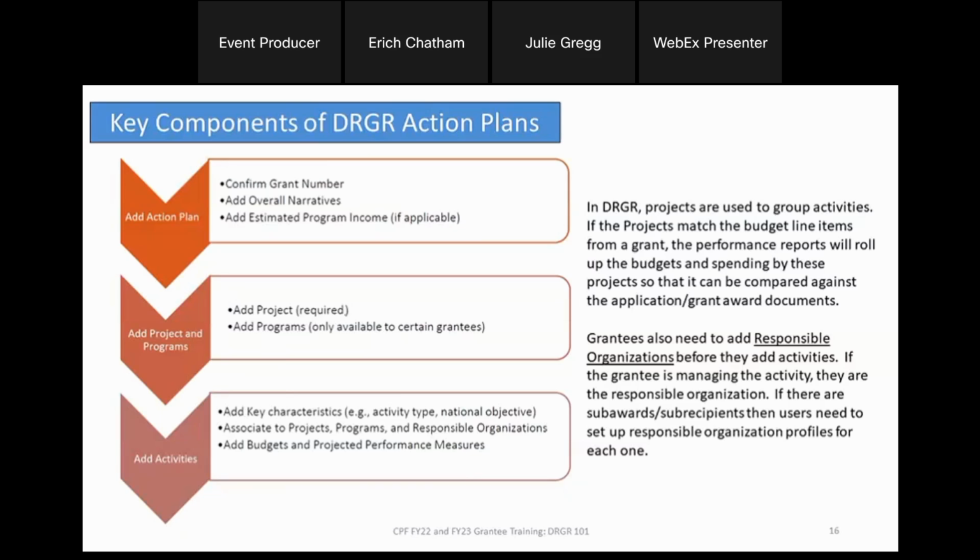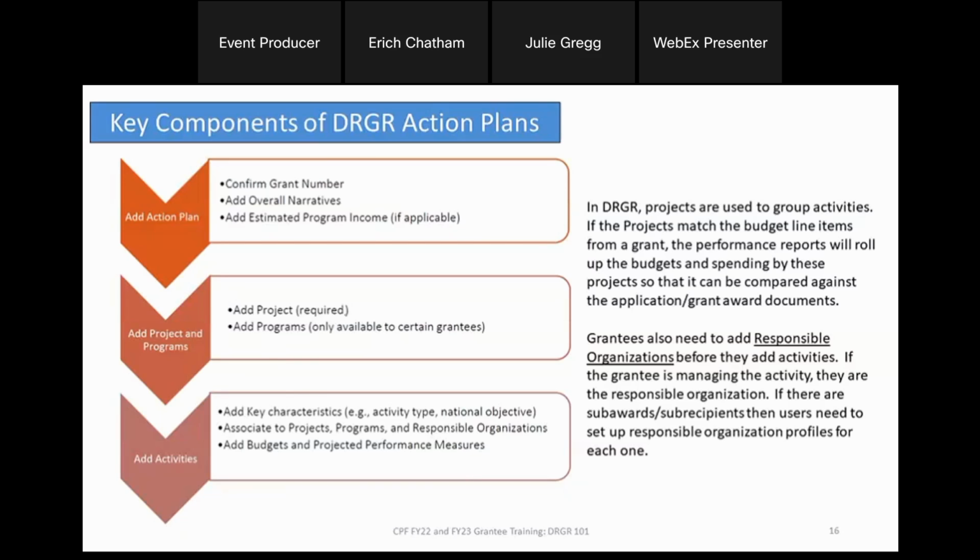Generally speaking, projects are synonymous with eligible use categories. So perhaps you have administration, you have acquisition, you have construction, maybe you have public services, and those are projects, and then activities are a little more detailed, and we'll get to those momentarily.